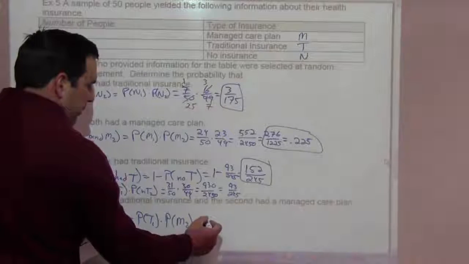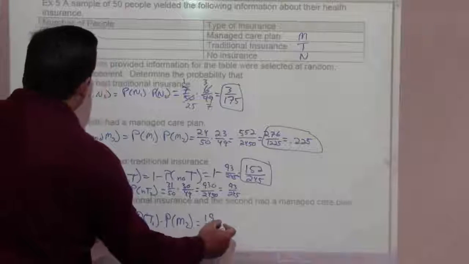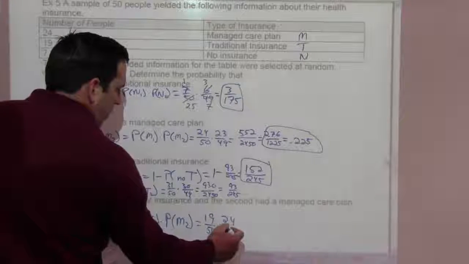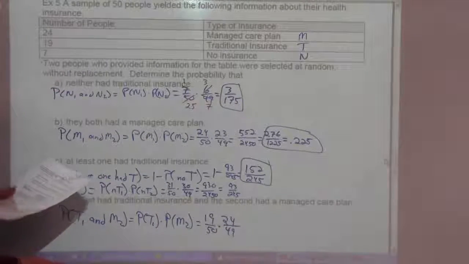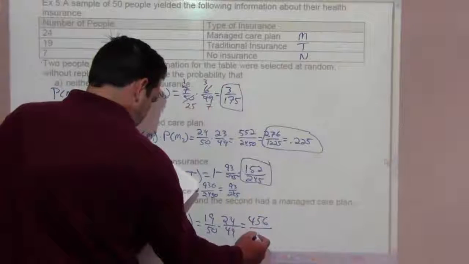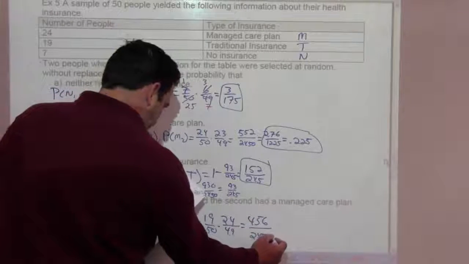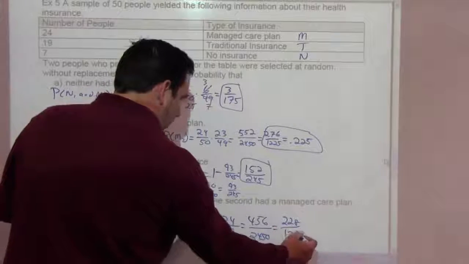So the probability of traditional for the first one is 19 out of 50. And then we have 24 HMO people out of 49 left because it's without replacement. This is 456 over 2450. It can be reduced to 228 over 1225.